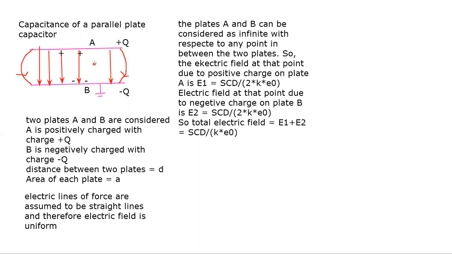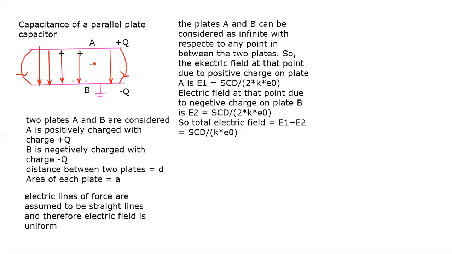At this point, we can consider that these two plates are infinite because the length of the plates is very high compared to the distance of this point from the two plates. Understood? The distance of this point from plate A and plate B is very small compared to the length of the plates. So we can consider that plates A and B are infinite with respect to this point.